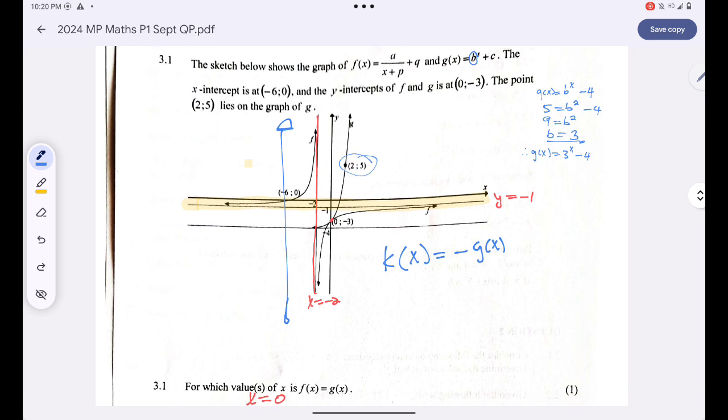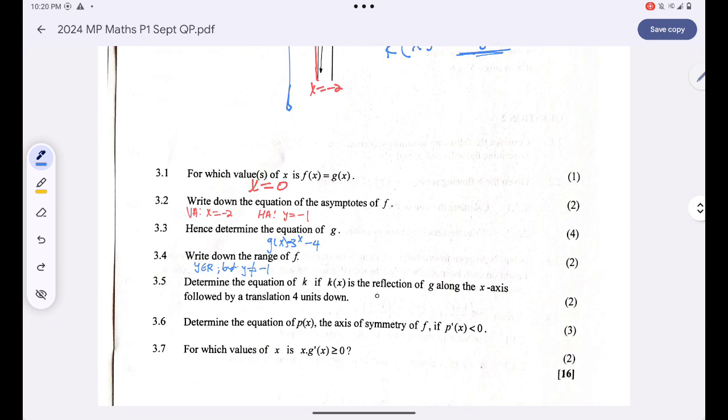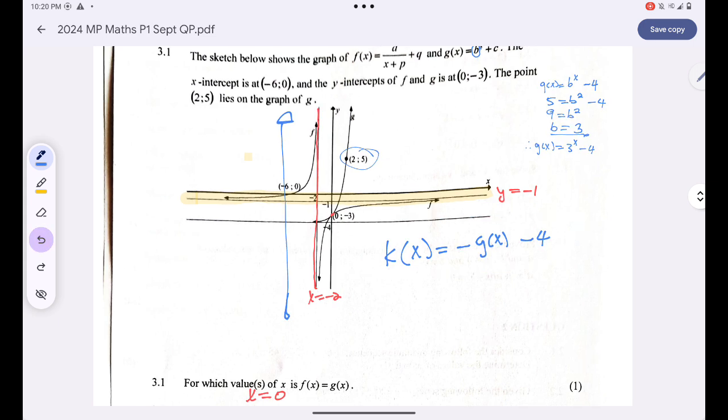This is the first transformation, the reflection on the x-axis, and then if you translate your graph 4 units down, you must just say -4 over there. So this statement over here will help us to find the equation of k.